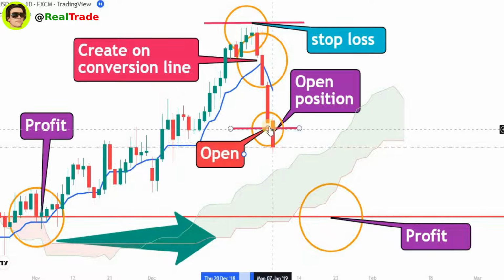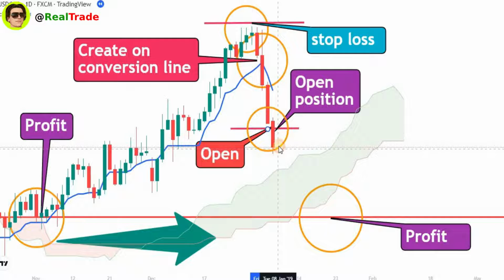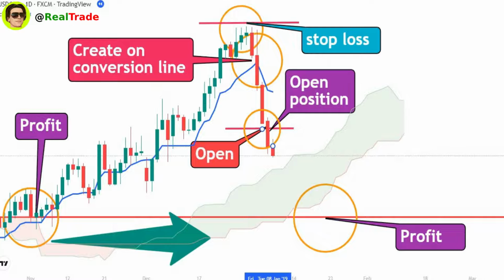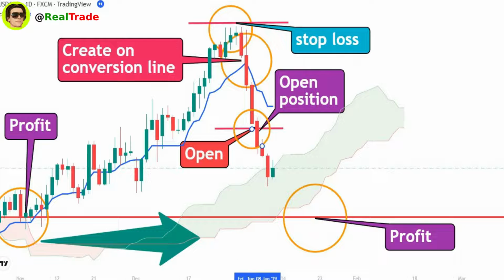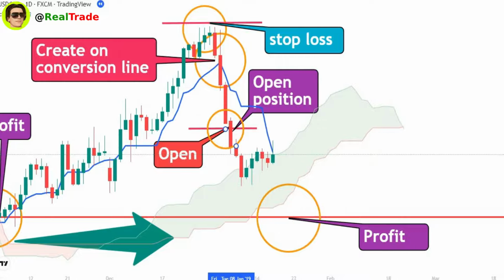Next candle. Yes, this candle is open position. Active strategy, this area. Continue. Good.